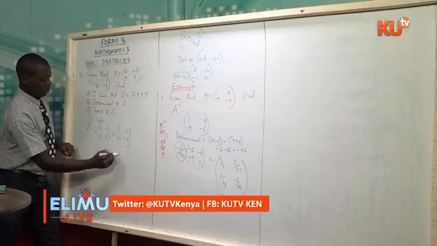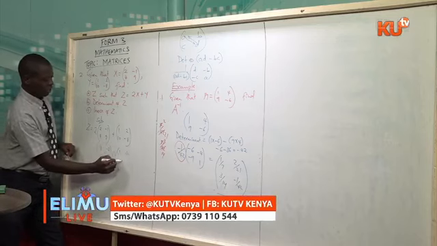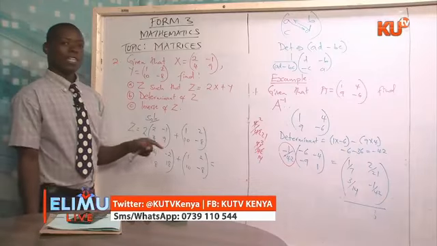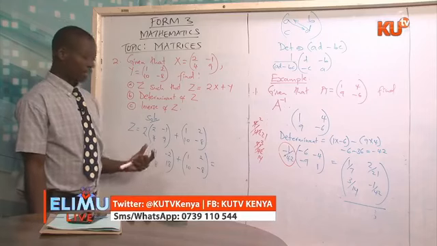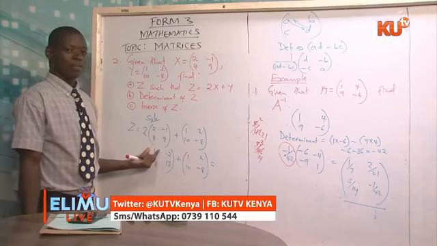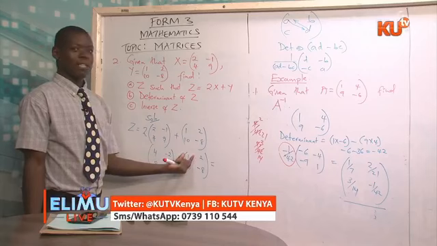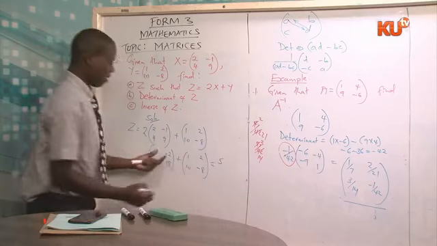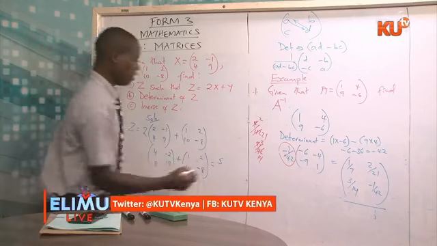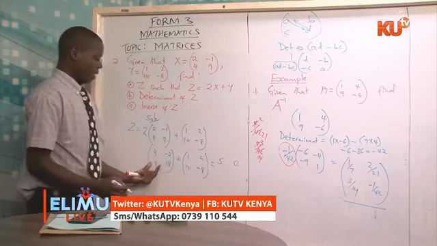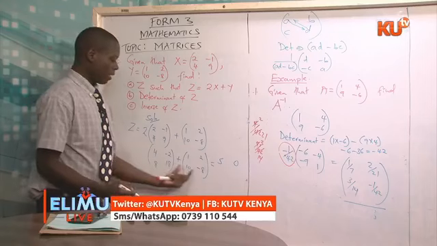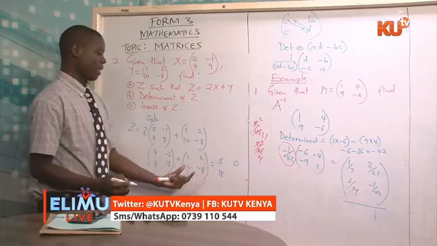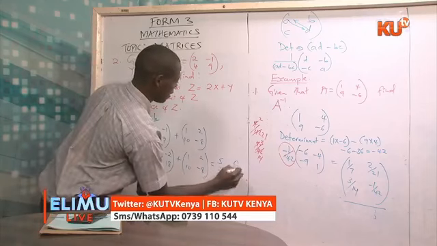Then we add 1, 2, 10, and negative 8. We add elements in their respective positions from each matrix. So 4 plus 1 is 5. Negative 2 plus 2 is 0. 8 plus 10 is 18, and 18 plus negative 8 is 10.